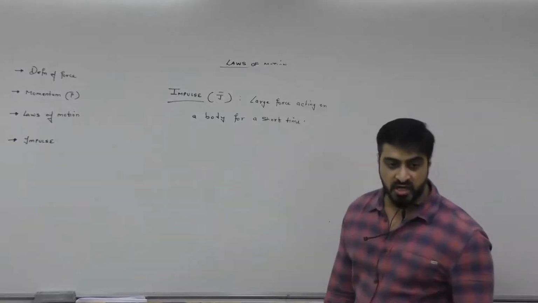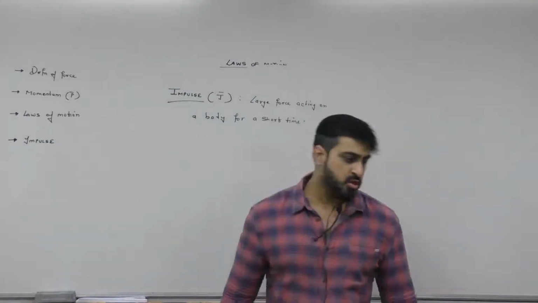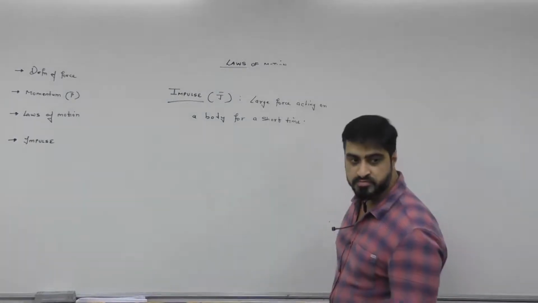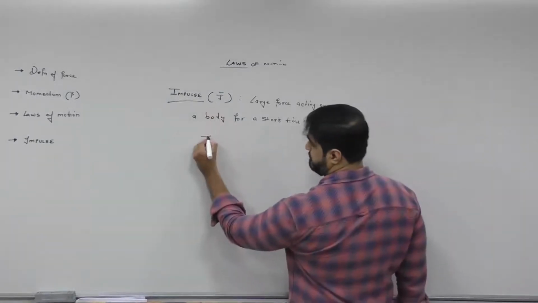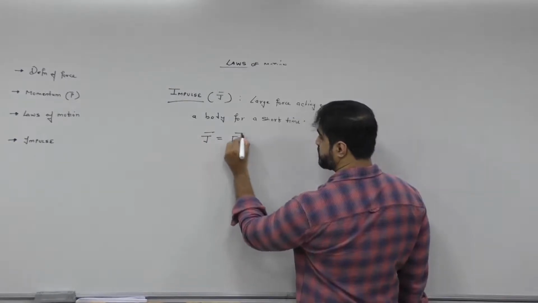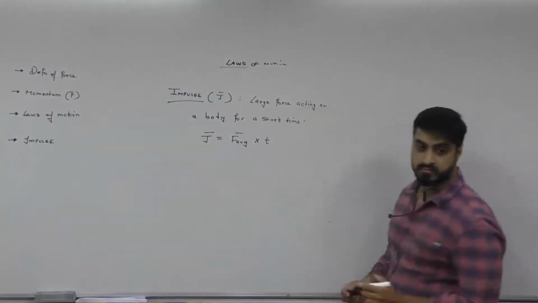If there is no short time, if there is a long time, then also no problem, you can apply the formula. J bar will be the average force into the time taken.